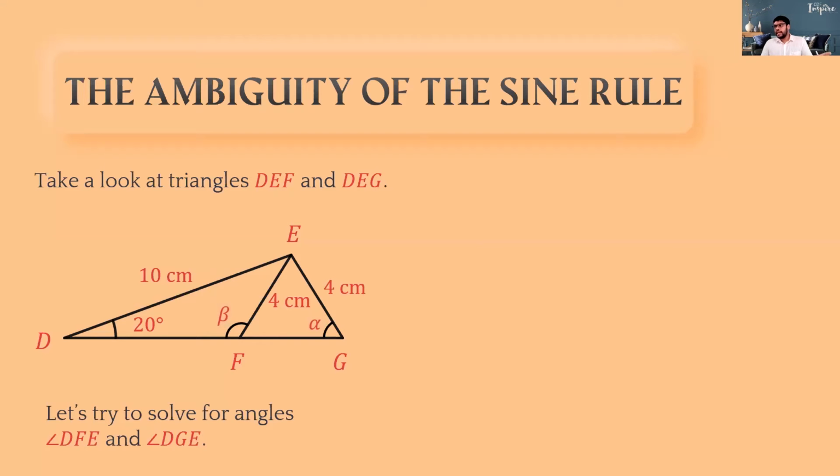So children, first let's try to find alpha. So you can see we're going to take sine rule with the big triangle, right? So let's take sine rule with this big triangle. So you can see I have 4 divided by sine 20, because from 4 the opposite angle is 20. 4 divided by sine 20 equals 10 divided by sine alpha.